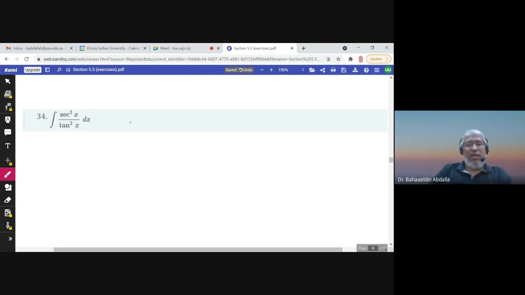Well, here I'll take tan as u, because du would be the derivative of tan, which is secant square x dx. I have secant square x dx, so this would be du. I have tan to the power 2, so this is u square.